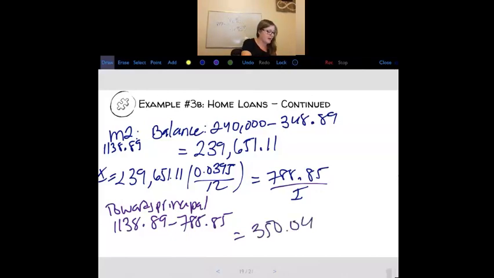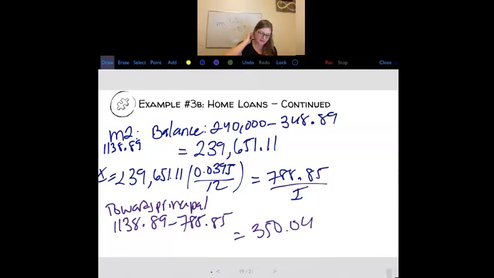Now let me just double check. Yep, okay. Looking at this, notice what I told you at the beginning when we were talking about an installment loan, where at the beginning you're paying off more of the interest and towards the end you're paying off more of the principal.